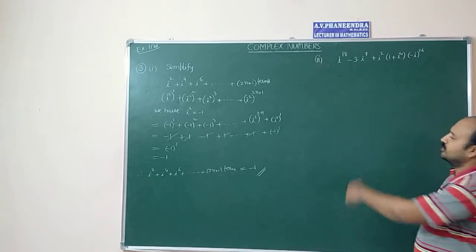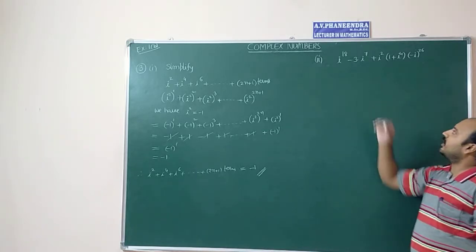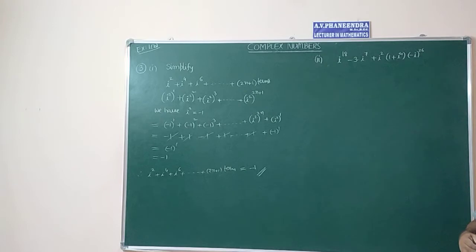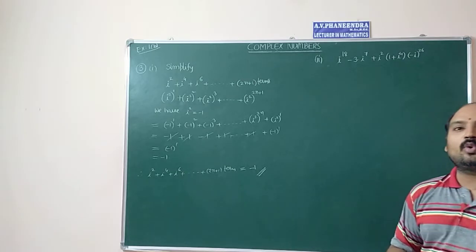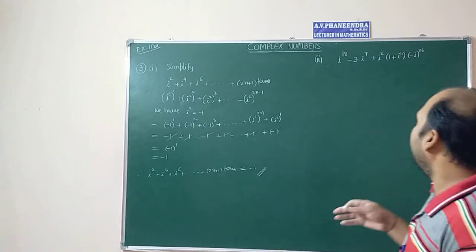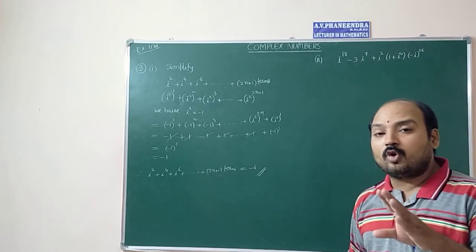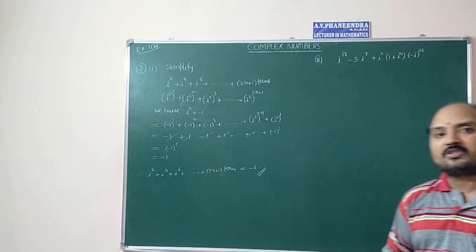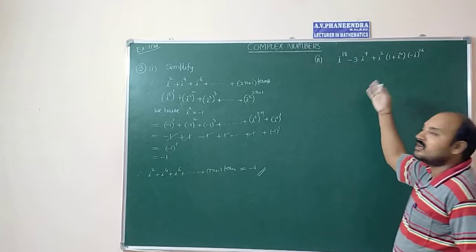Come to the next question here. i power 18 minus 3 into i power 7 plus i square into 1 plus i power 4 into (minus i) whole power 26. First, what we have to do is express the given question either in powers of 4 of i or powers of 2 of i.